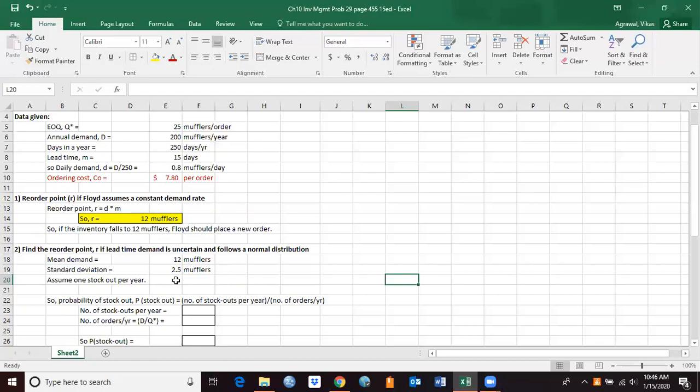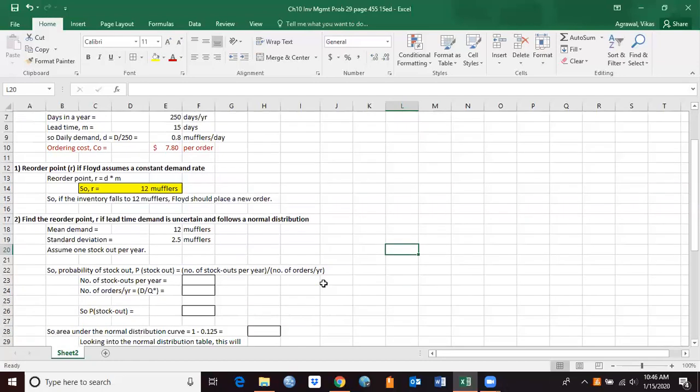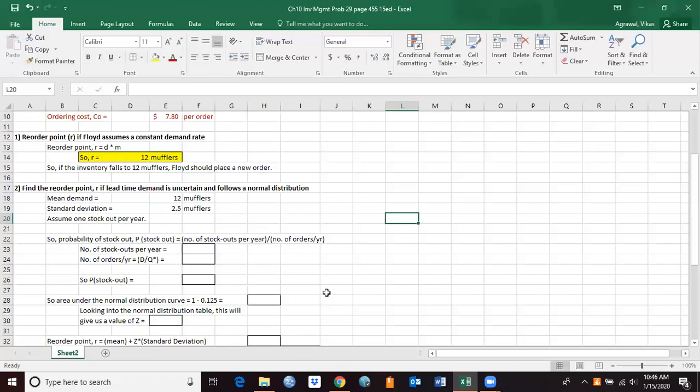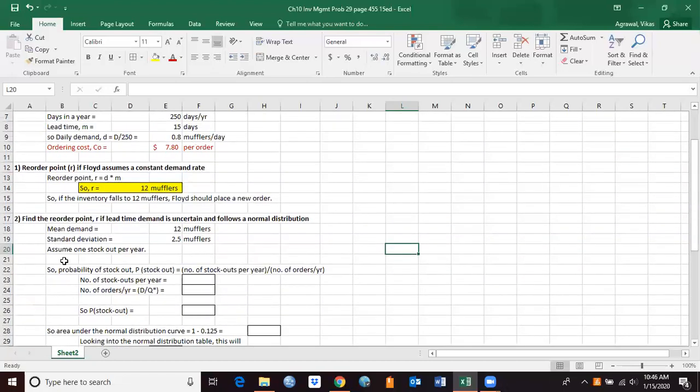Because now it's a probabilistic demand, the standard deviation is given as 2.5 mufflers, and we are also given that management is okay to allow one stock out per year. That's a minimal risk they're willing to assume. Now you can ask, why would the manager want any stock out?